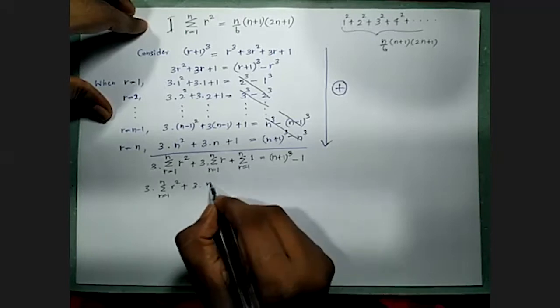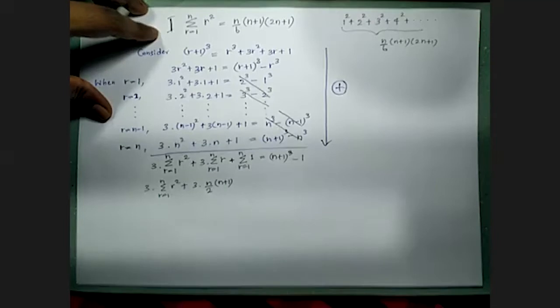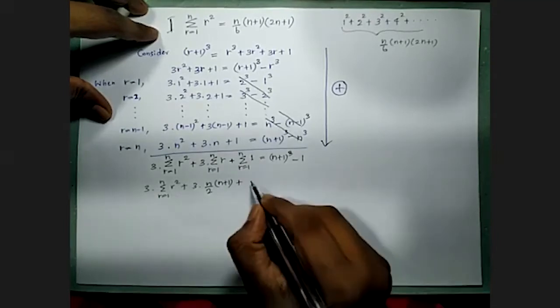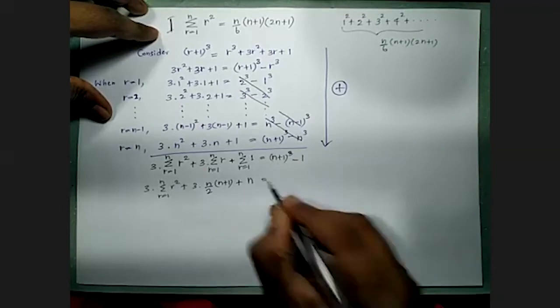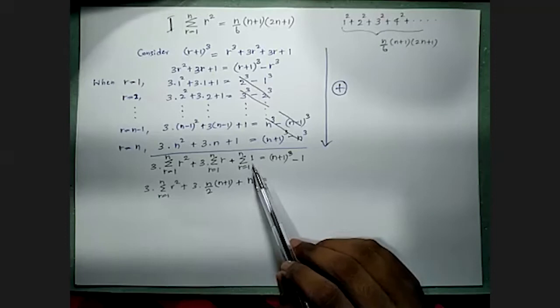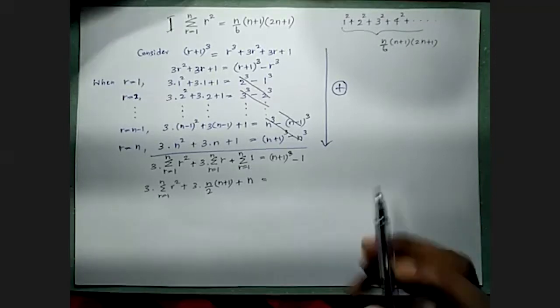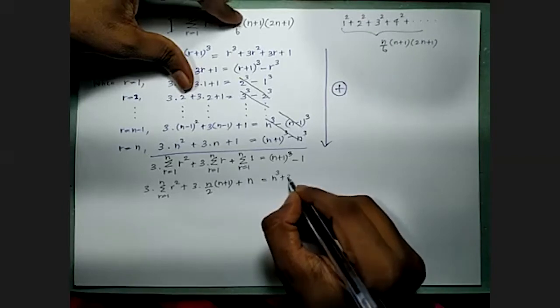Sigma r is from the previous theorem, n over 2 into n plus 1. Then sigma r equal 1 to n of 1 is n. The meaning of this is we have n ones. Expand, cubic expansion.